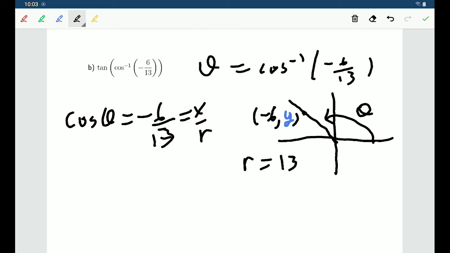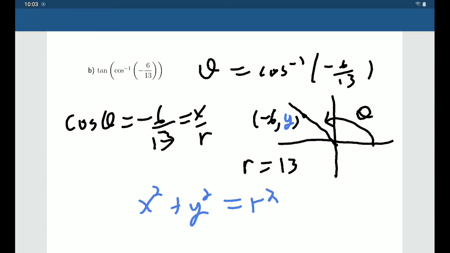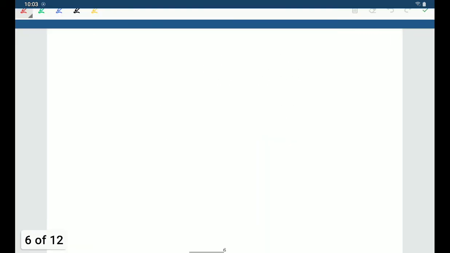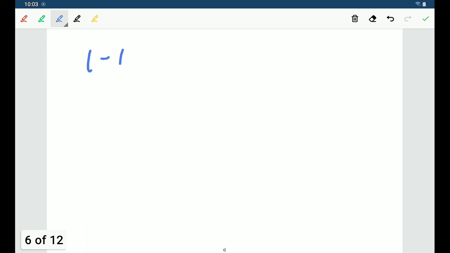So the next job here is to find the missing value, the value of y. And this is where I'll use the relationship that x squared plus y squared is equal to r squared. And so we have x squared, or negative 6 squared, plus y squared equals 13 squared, or r squared.